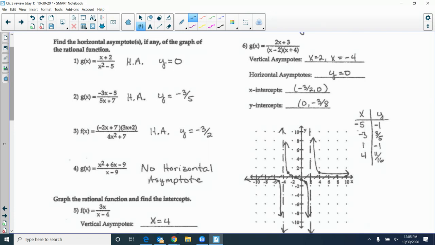You gotta have 2 pieces on each side. That should be a negative. Wait, you got the horizontal asymptote of 4? Did you check? Yes.